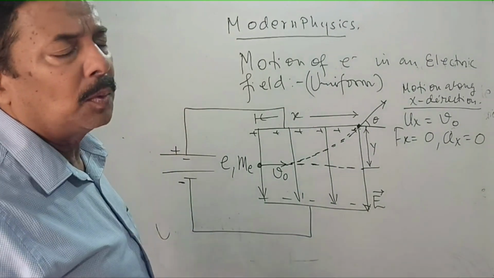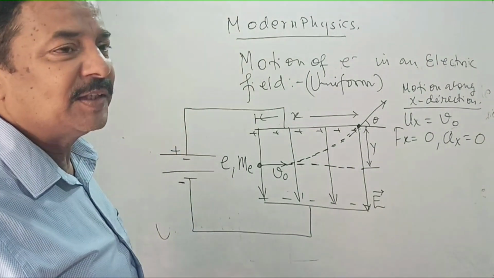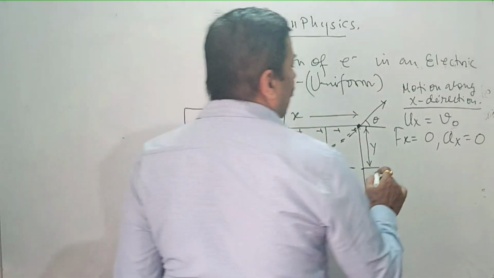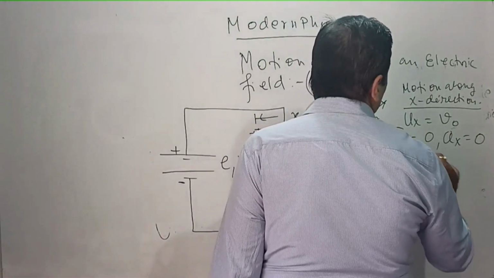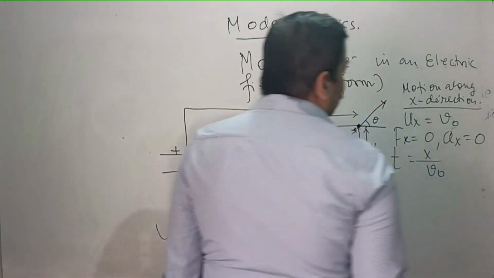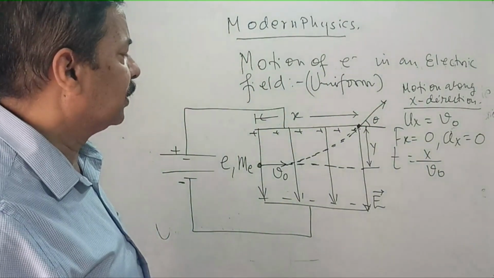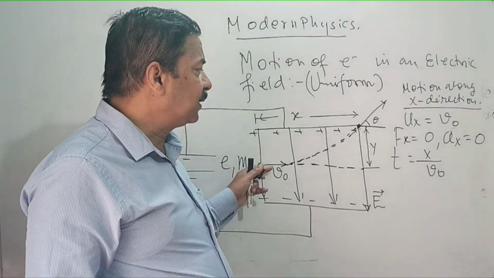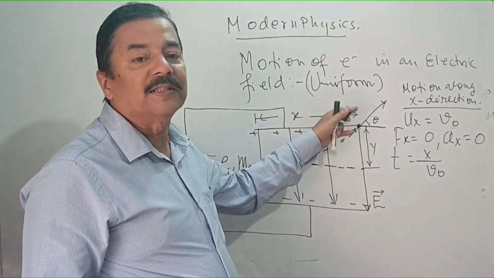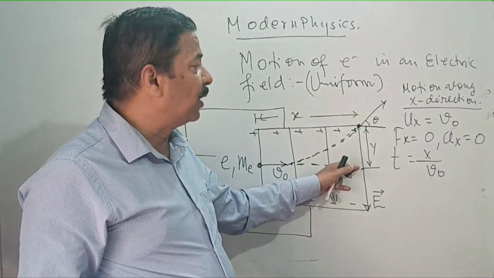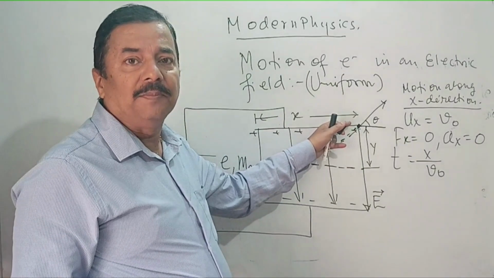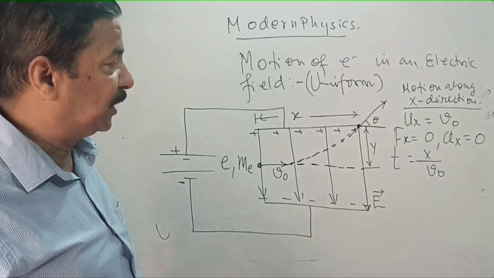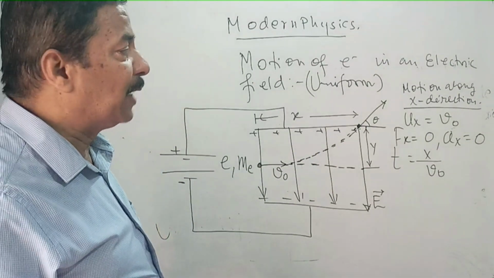If we want to calculate the time taken to cover the distance x, then that time will be given by t = x/v0. This is the time in which the electron covers the horizontal distance x and the vertical distance y. So in covering the vertical distance y it takes the time t, and in covering the horizontal distance x it takes the time t. So this is the value of t that we have calculated.